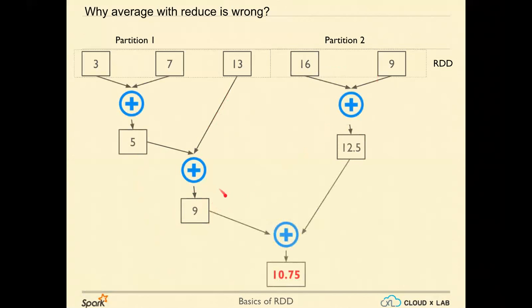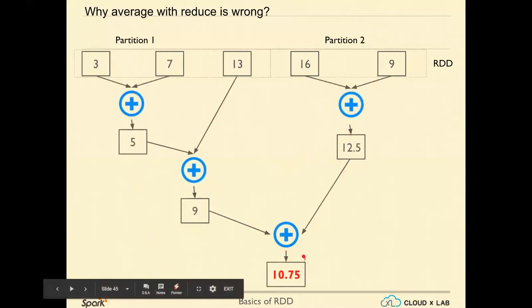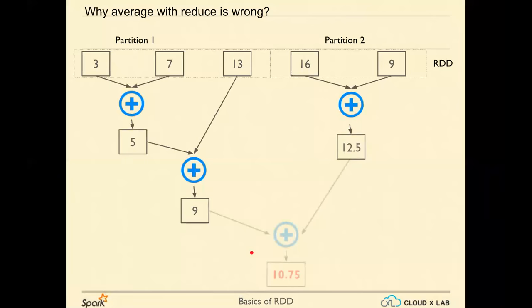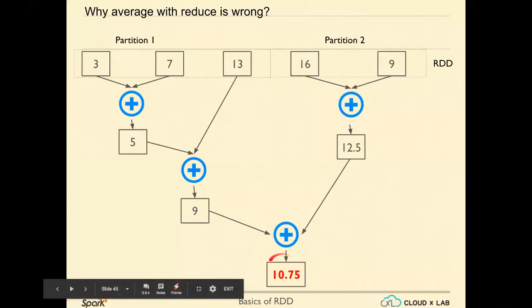And then the average of this and this will be computed. So this you can see is definitely wrong, correct? It was supposed to be 11.6, but it is 10.5. What exactly is the mistake here? Anybody?